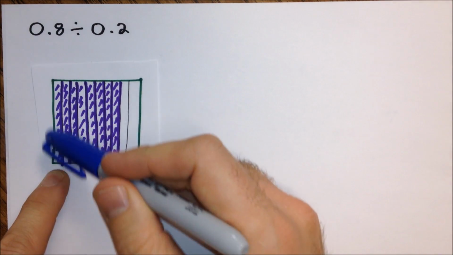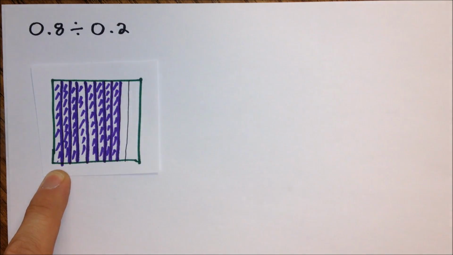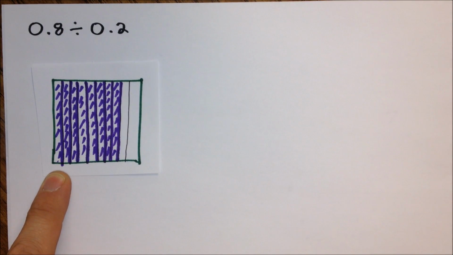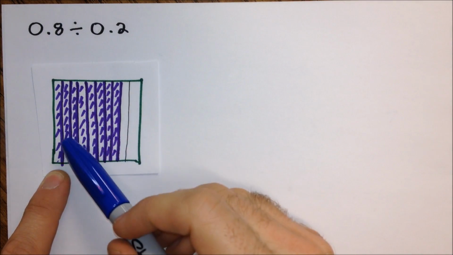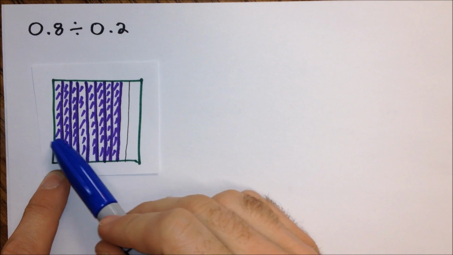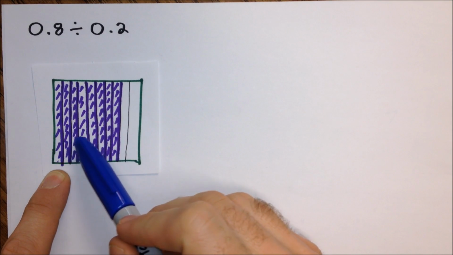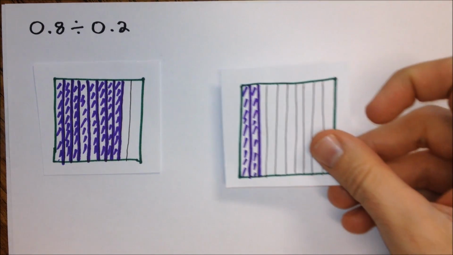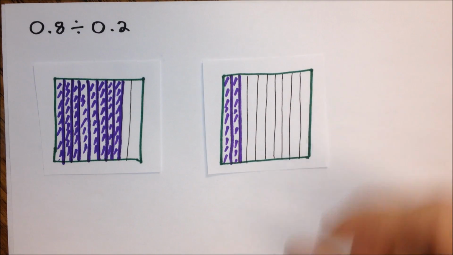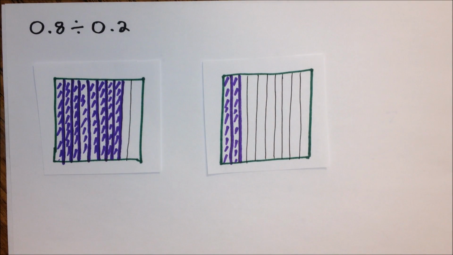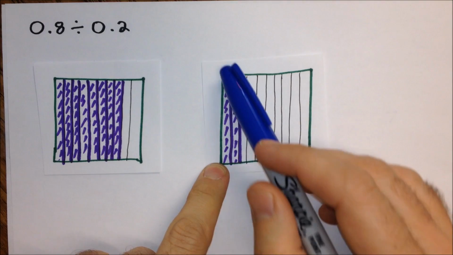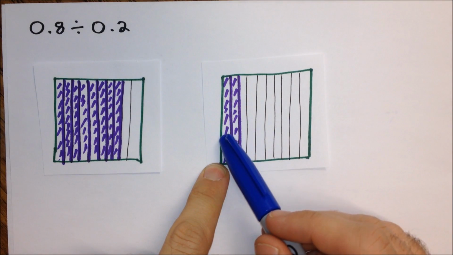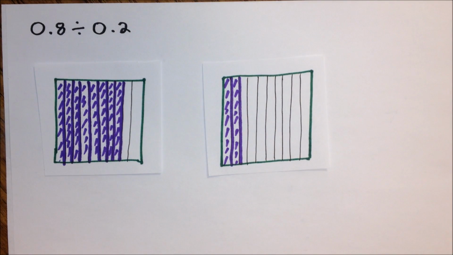If this green block was the one green block that we've had throughout our problems, then I split it up into 10 pieces, and I have 8 purple strips here, each purple strip representing 1/10. Now, if I come over here and think about this green block as being our 0.2 green block, I've split this green block up into 10 pieces, and I now have 2 of those.